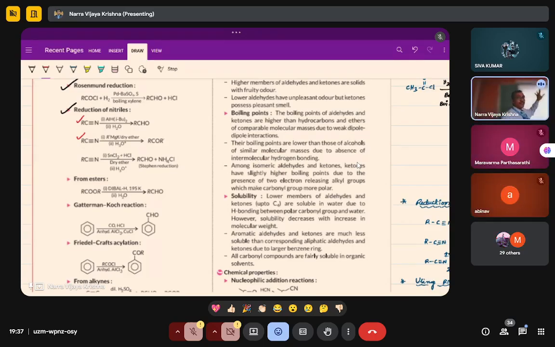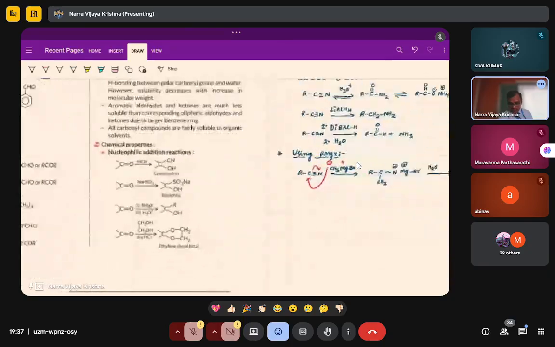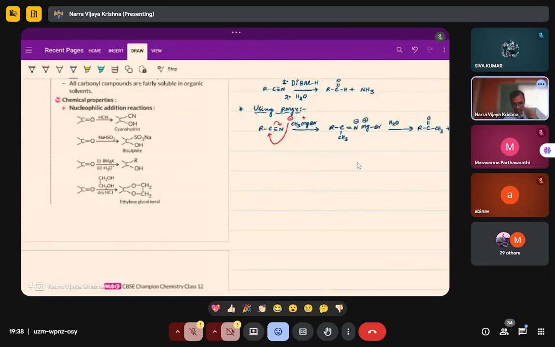We are doing reduction in terms of SnCl2 and HCl. Observe here: instead of SnCl2, see this one. I am taking cyanide. If I am using iron in presence of HCl, or tin in presence of HCl, it is complete reduction.